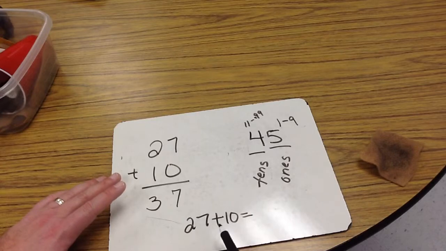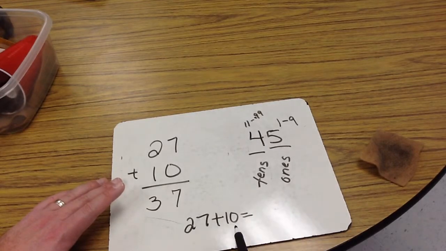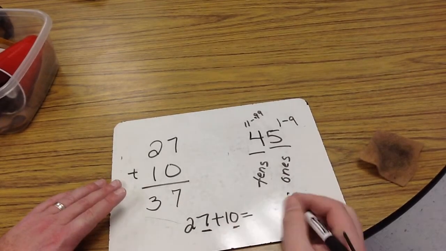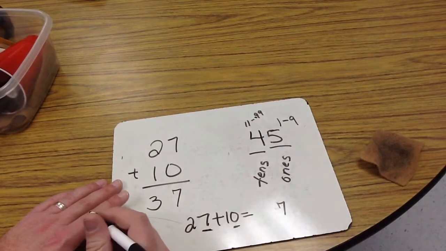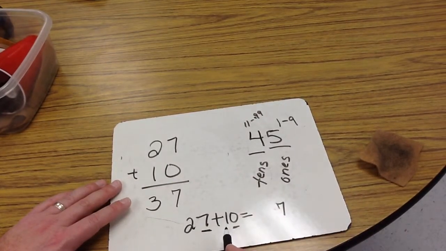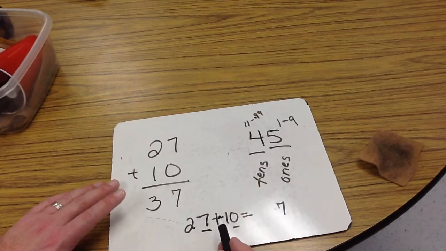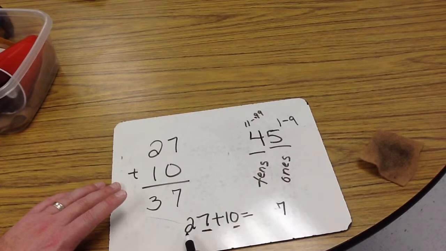So it's all about looking at the digits place. 0 in the ones digit here means that there's 0 ones. 7 over here means that there's 7 ones. 0 plus 7 is 7. Here I move over. I have a 1 in my tens place, so I have 1 ten. Over here I have a 2 in my tens place, so I have 2 tens.